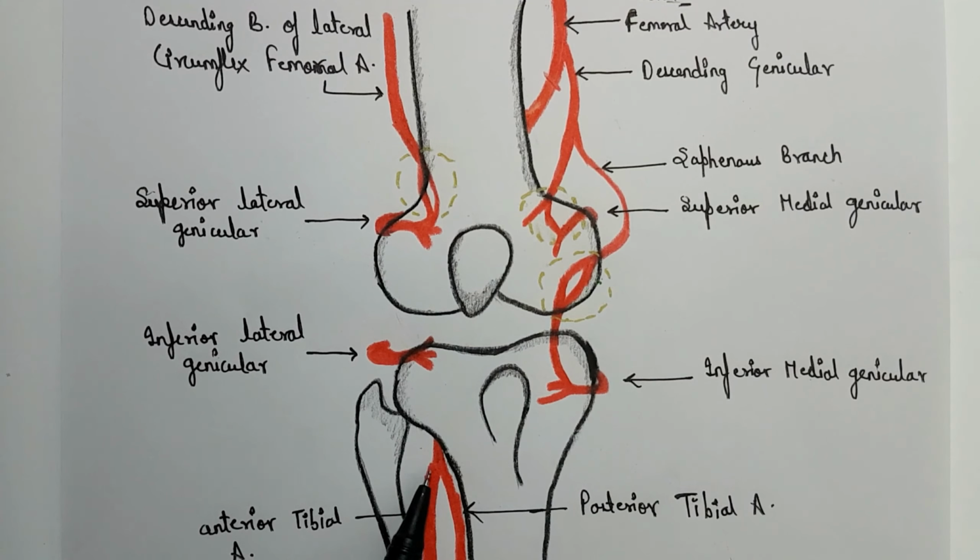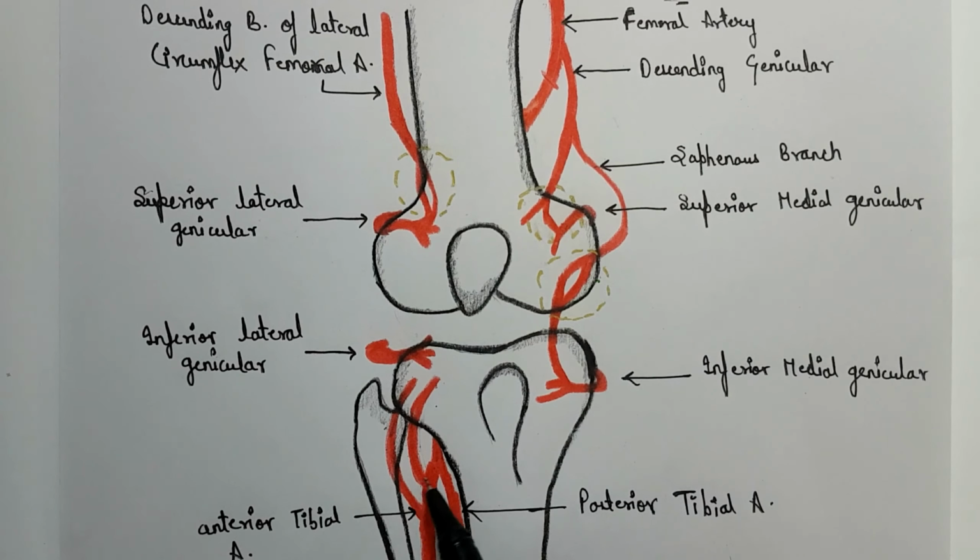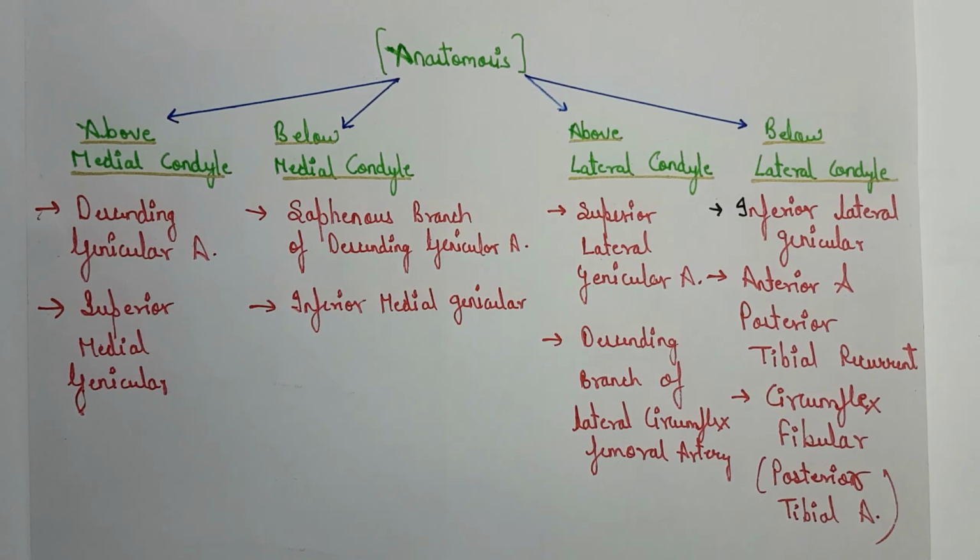In this diagram, you could see this is the anterior tibial artery, which gives two branches, the anterior and posterior tibial recurrent. This is the anterior tibial artery, and these are the anterior and the posterior tibial recurrent arteries. The fourth artery is the circumflex fibular artery coming from the posterior tibial artery.